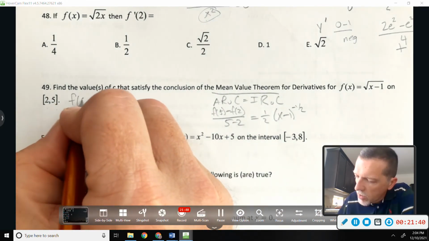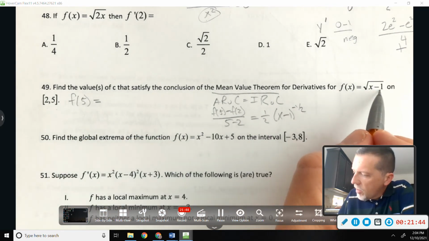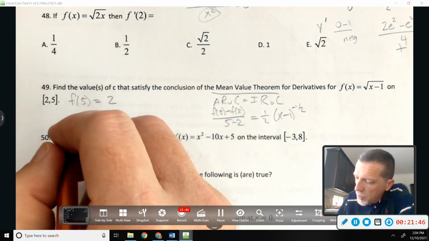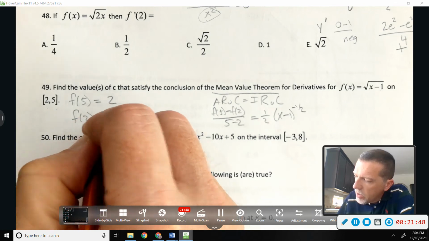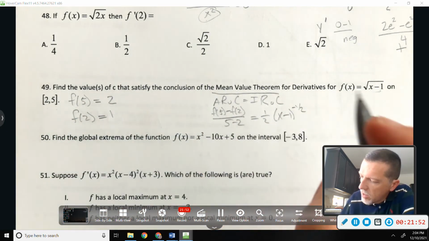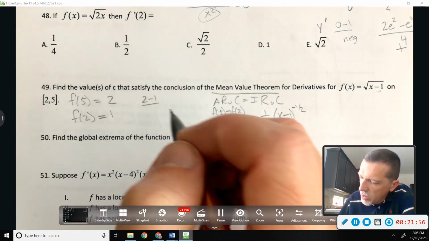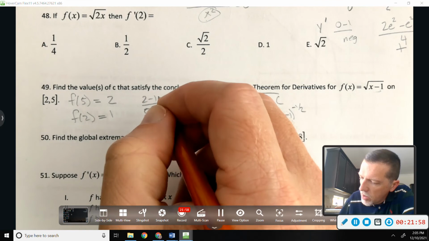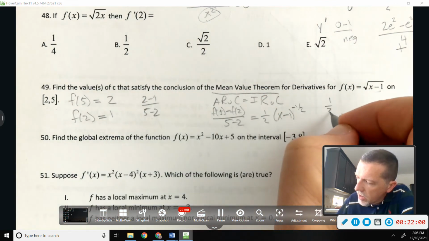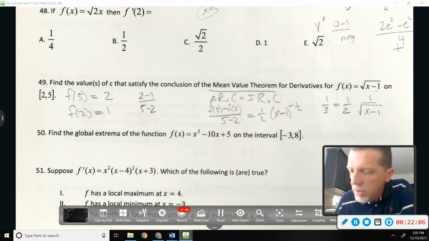So a little bit of side work to do here. f of 5, 5 minus 1 is 4, square root of that's 2, f of 2, square root of 1 is 1. So my A rock is 2 minus 1 over 5 minus 2. So 1/3 equals 1/2 times 1 over the square root of x minus 1.